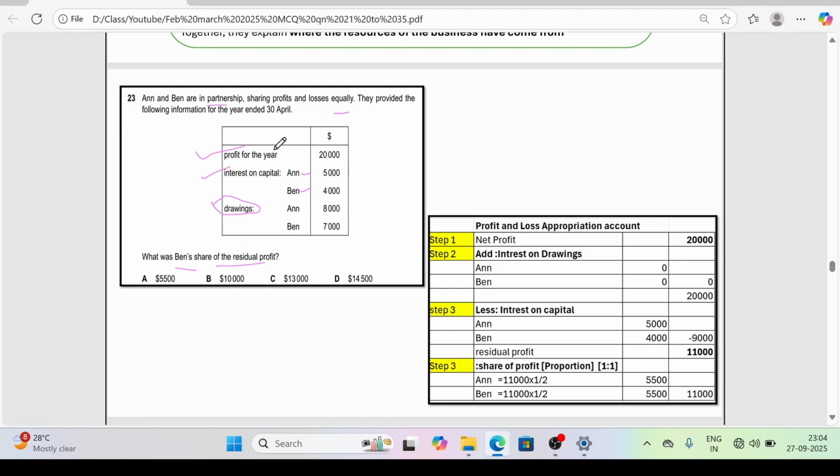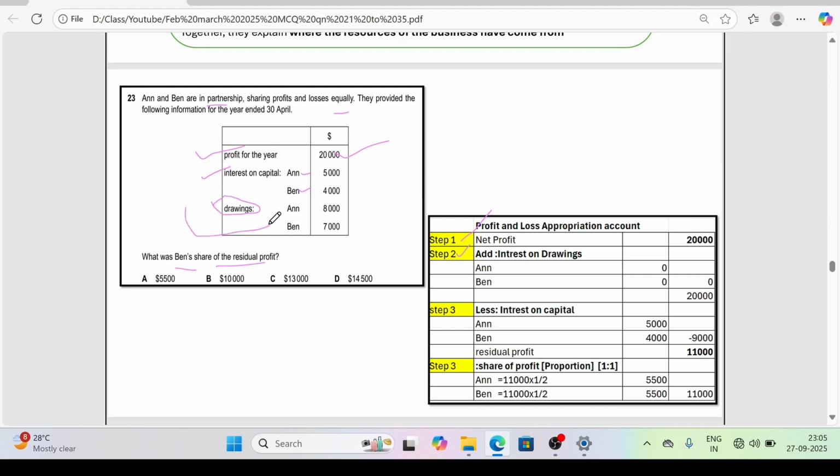Okay, before doing the partnership question, you have to be aware of the profit and loss appropriation account format. First will be profit for the year. I have already made the workings for you. Step one, net profit. Net profit is how much? 20,000. Step two is interest on drawings.